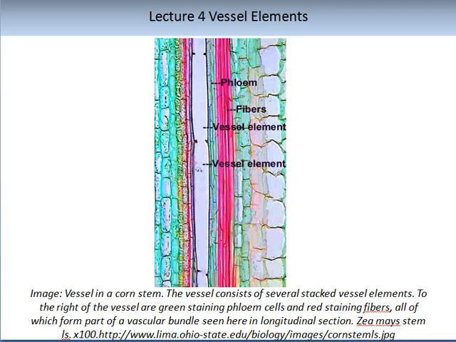The vessel consists of several stacked vessel elements, as you can see. To the right of the vessel elements are green staining phloem cells and red staining fibres, all of which form the vascular bundle. This is at ×100 magnification.